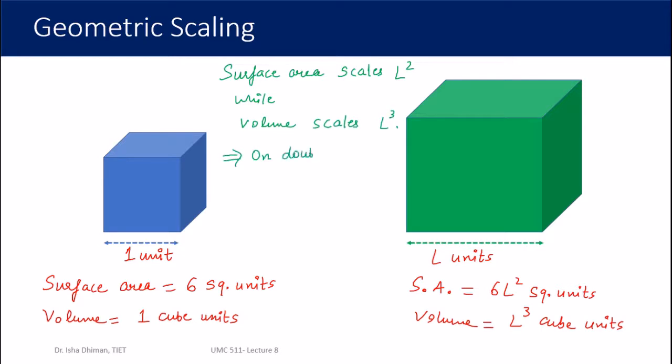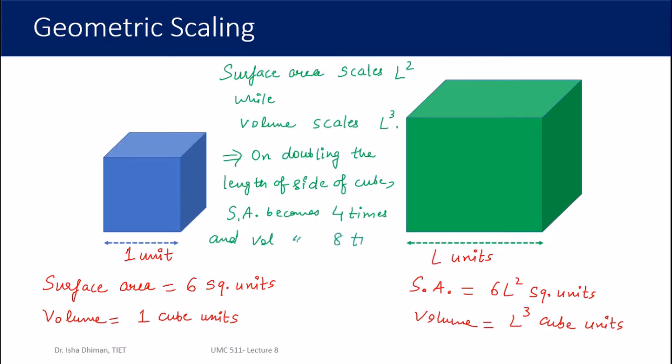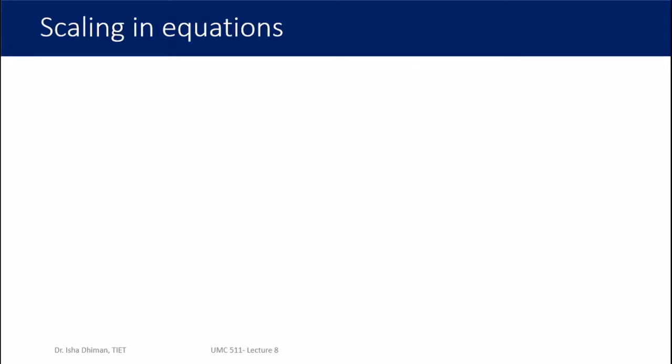That means on doubling the length of the side of the cube, the surface area is going to become 2 square, which is 4 times, while the volume is going to become 8 times. That's the basic idea of geometric scaling, and plenty more examples like this can be created and discussed. Now let's move to the second kind of scaling, which is scaling in equations. I'll directly explain this to you with the help of an example.